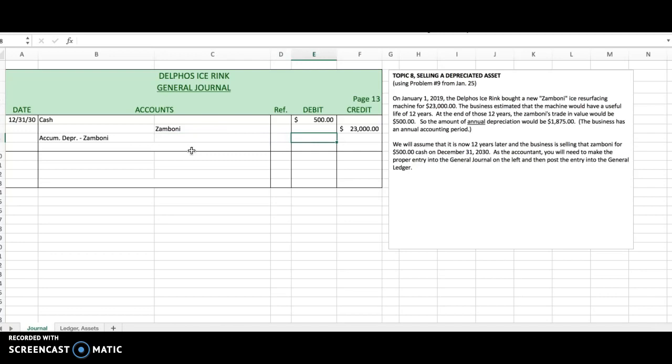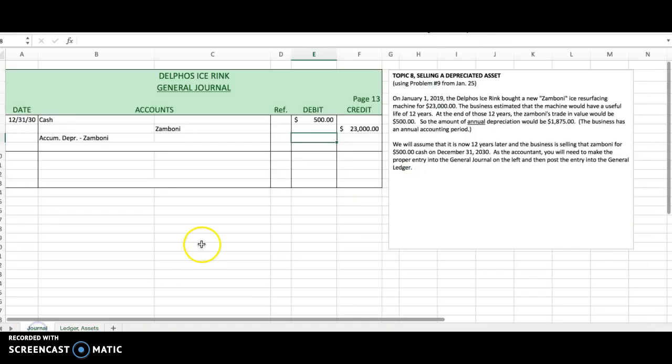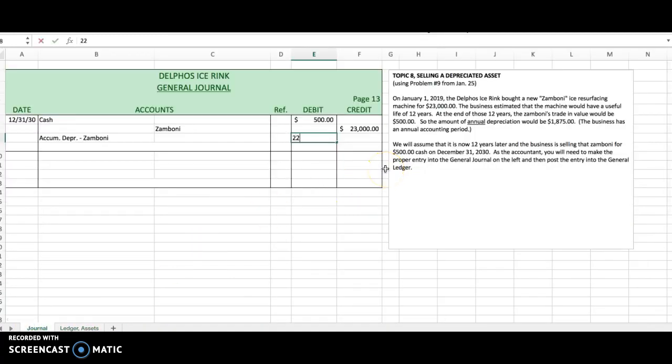Accumulated depreciation for Zamboni. Now, what we want to do is to look at that account in the ledger and realize that in order to close this account, it has a credit balance of $22,500, so we need to debit by $22,500. So that's why back in the journal we need another debit, and that's our transaction.